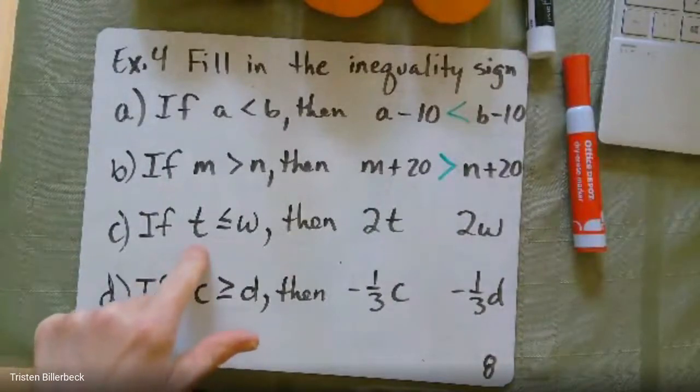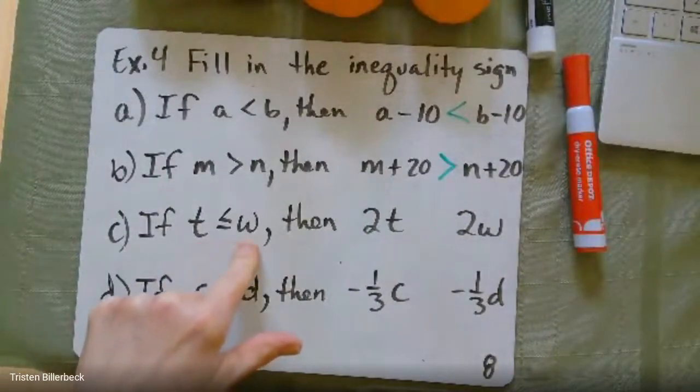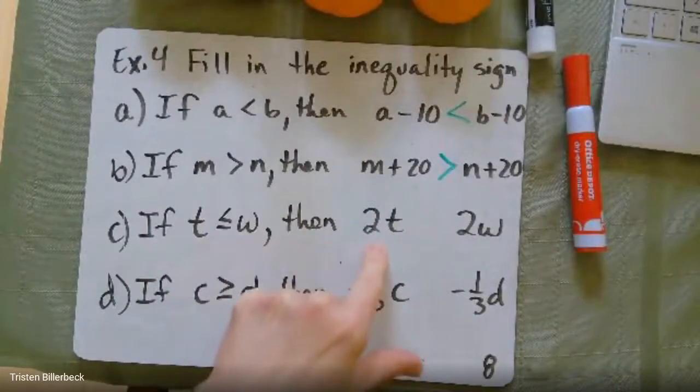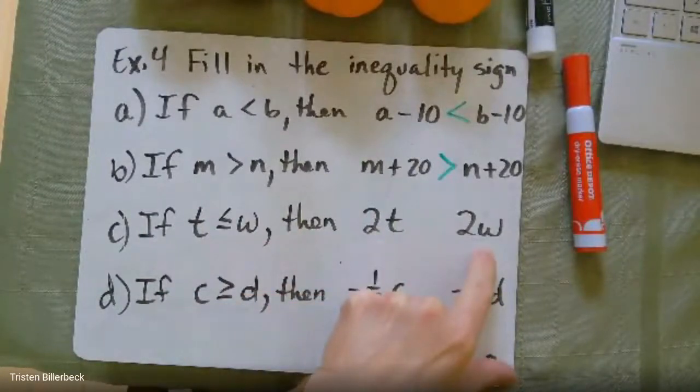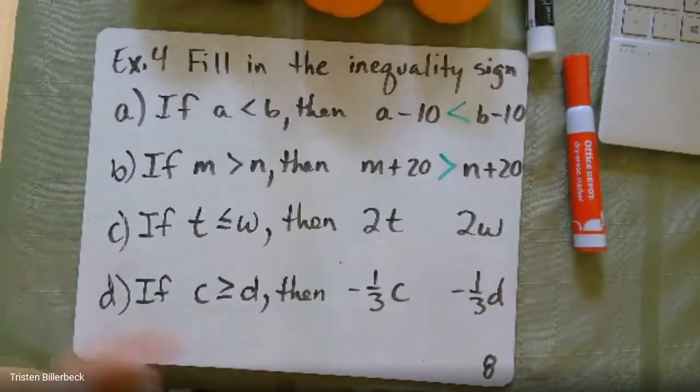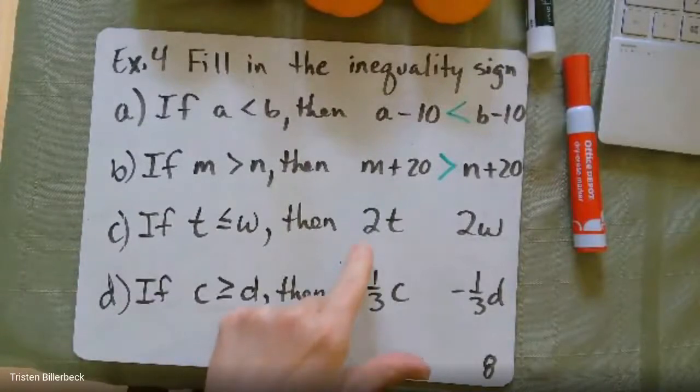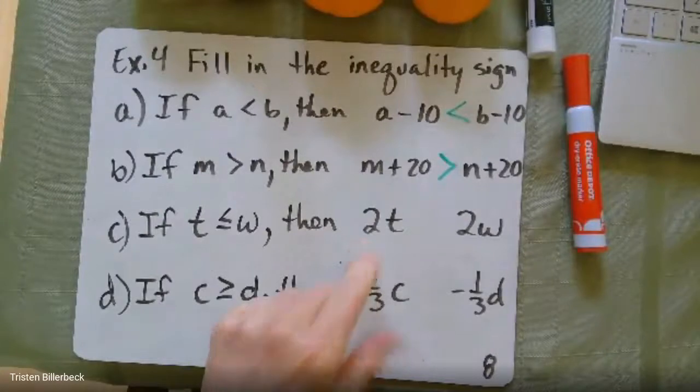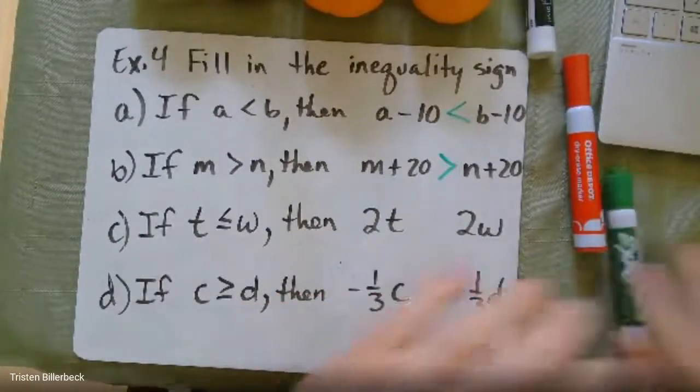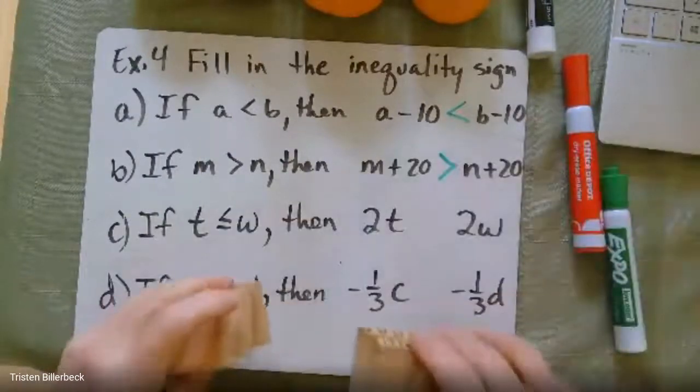Now, if T is less than or equal to W, then 2T and 2W, what do we put in there? Well, we're not multiplying by any negatives, we're only multiplying by positives. So this is where I get to get my favorite blocks out again. This is like this.